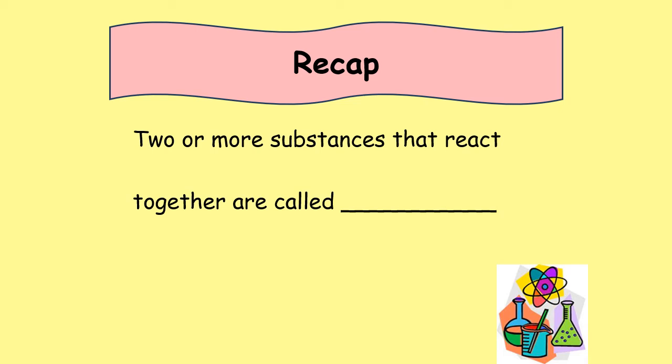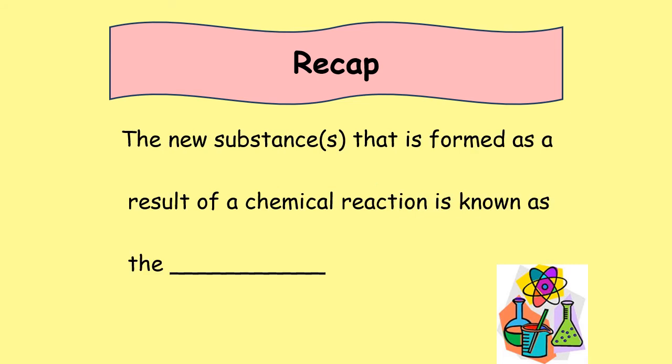Two or more substances that react together are called reactants. The new substance or substances that form as a result of a chemical reaction are called the products, or if there's only one, the product.